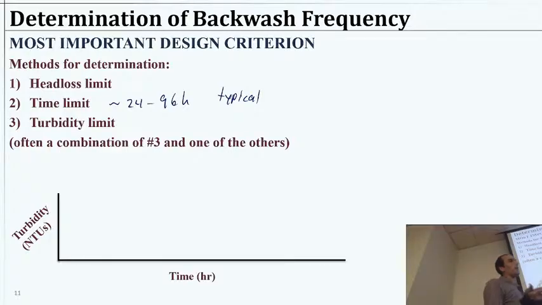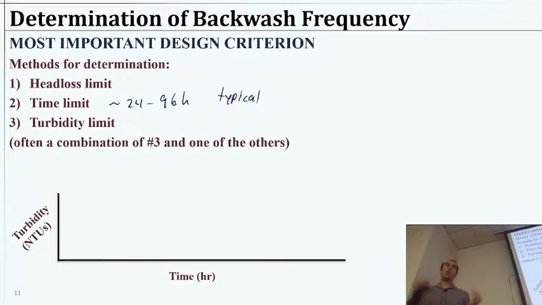The catch here is that we need enough filters to constantly produce water, even though sometimes we have to take them offline. So when we design a treatment system, we have to keep in mind that at any given moment, we might have to take something off for routine maintenance, and maybe we should build in some capacity in case we have to do some unplanned maintenance.